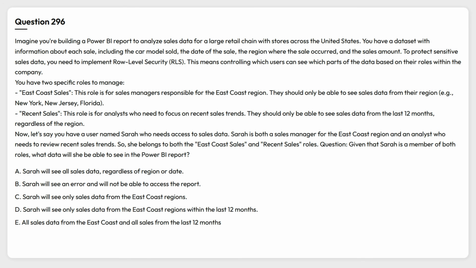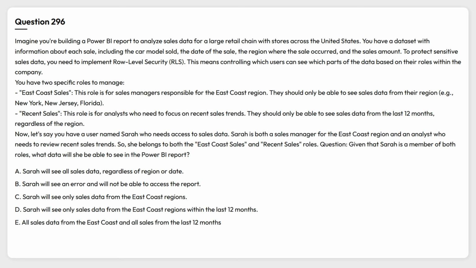Question number 296. Imagine you are building a Power BI report to analyze sales data for a large retail chain with stores across the United States. You have a dataset with information about each sale, including the car model sold, the date of the sale, the region where the sale occurred, and the sales amount.